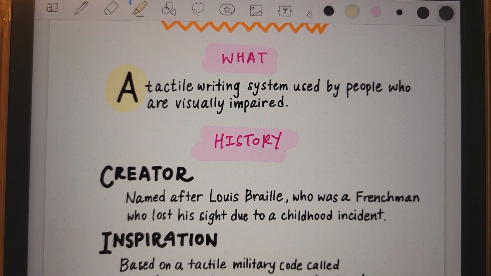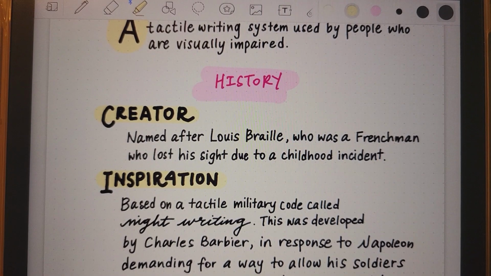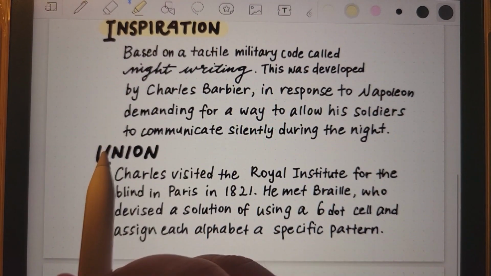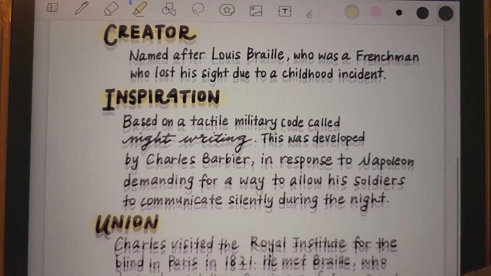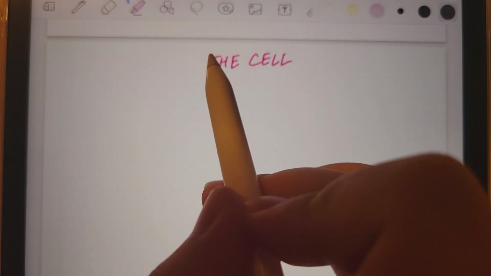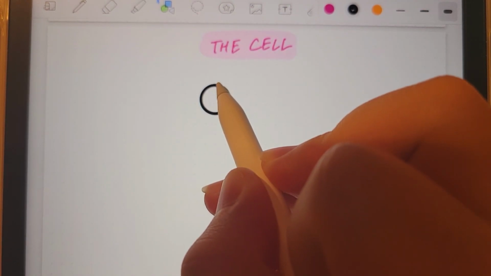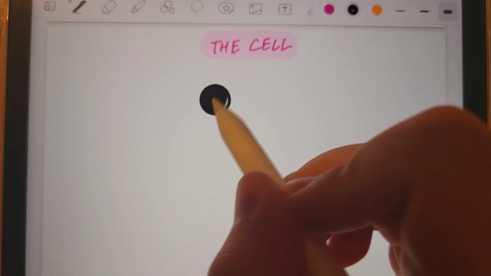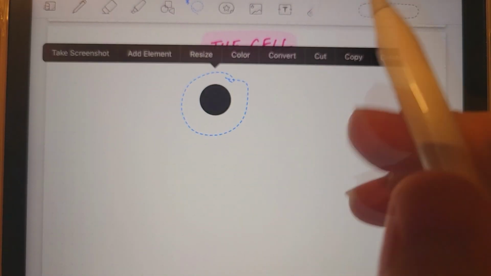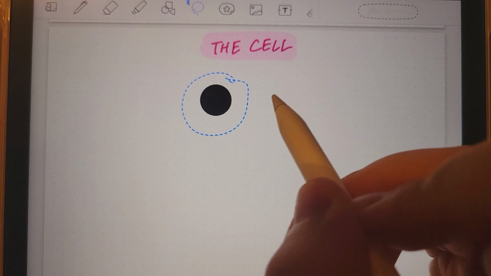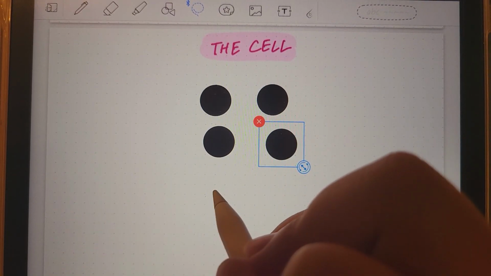So we talked about what Braille is, the history with the creator, inspiration, and the union between the two. And with that, we'll move on to the cell. Now, Braille symbols are formed within units of space known as Braille cells.